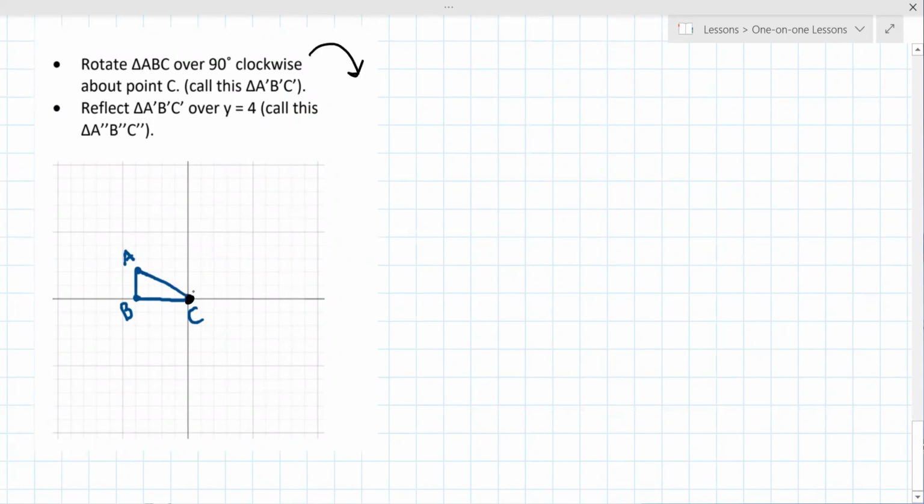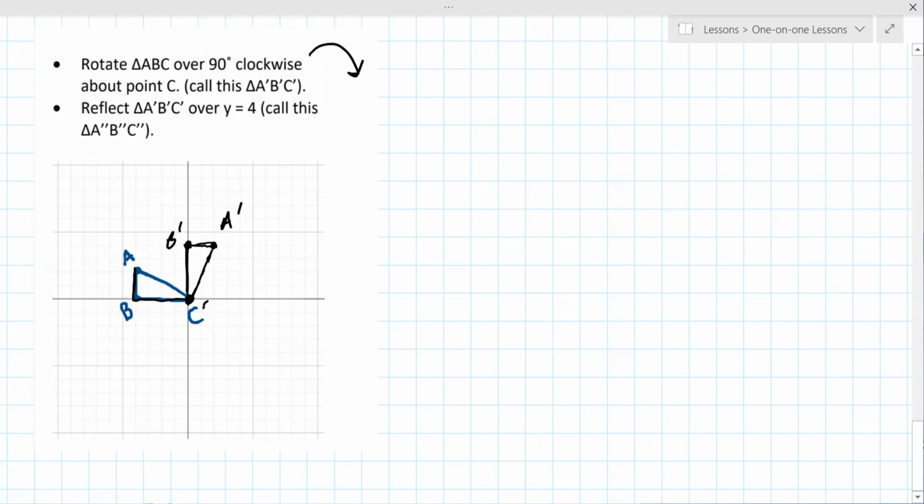And you can draw the L's, but the L's are already there. So for the left L here, to get to A you're going to go up 4 and then right 2. And then to get to B, you're just going up 4. So that's A prime, B prime, and then you just connect it there. So there's your A prime, B prime, C prime.